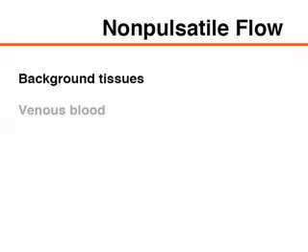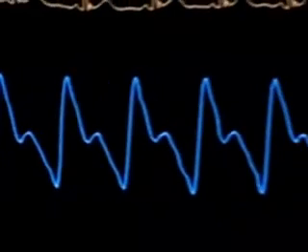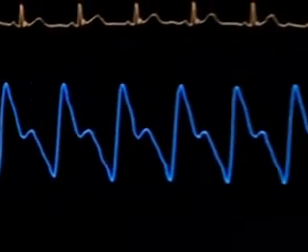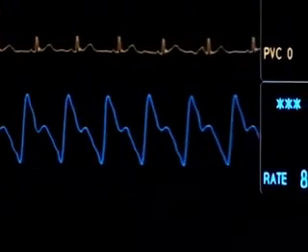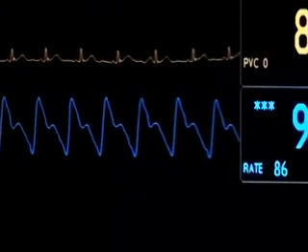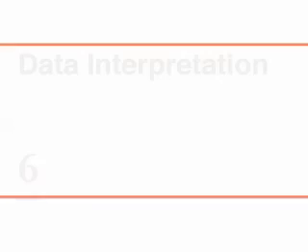During non-pulsatile flow, only the light absorption of background tissues and venous blood is detected. The microprocessing unit compares the light absorption during pulsatile and non-pulsatile flow to isolate the light absorption of arterial blood and thus determine the arterial blood oxygen saturation.